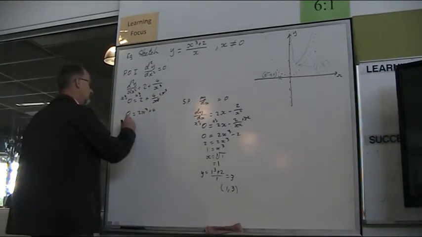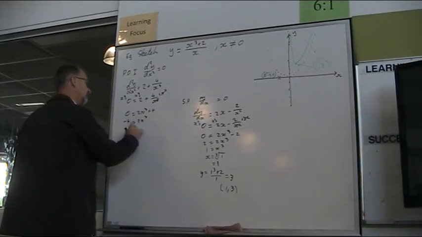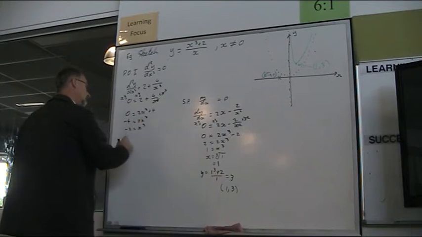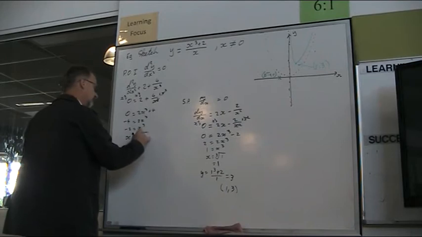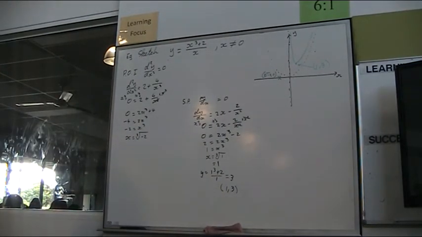Take 4, divide by 2. So x would be the cubed root of -2. And we've seen that before? We have. Where have we seen that?